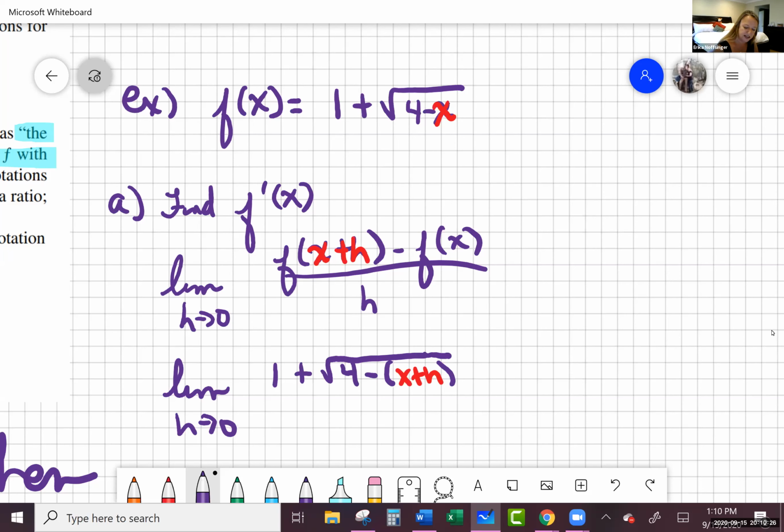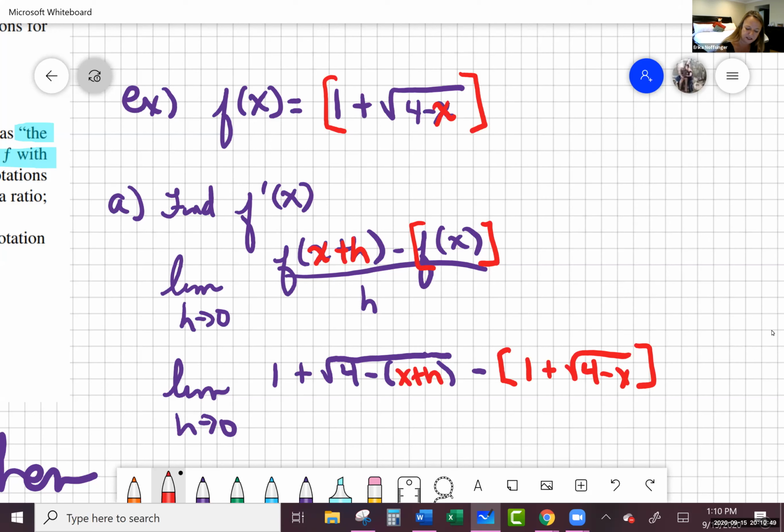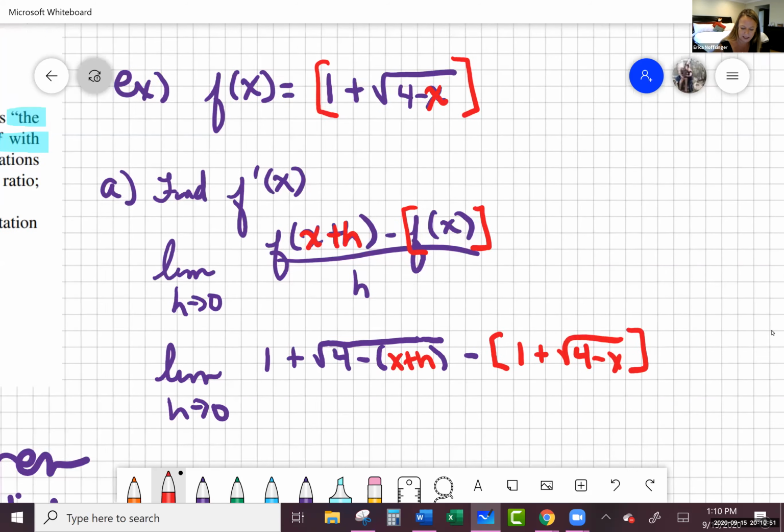So that was just the f of x plus h piece. And then we have minus that whole function of f of x, so that would be 1 plus the square root of 4 minus x. And then it tells us to put the whole thing over h.